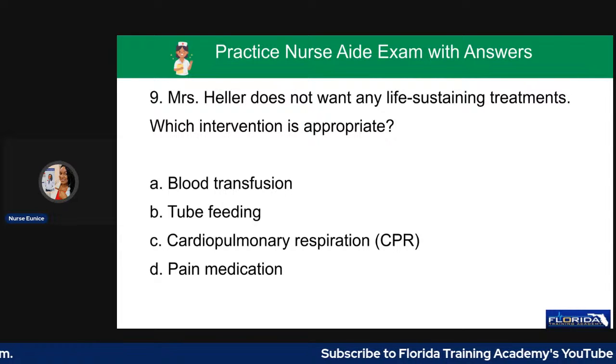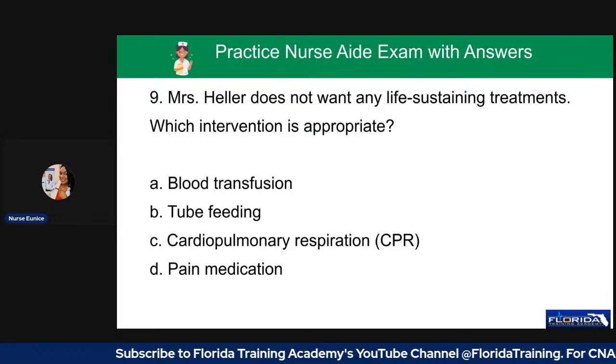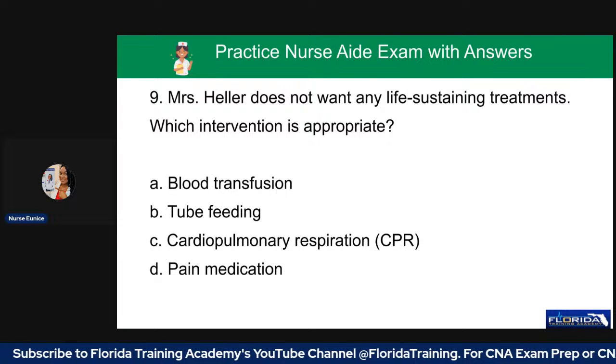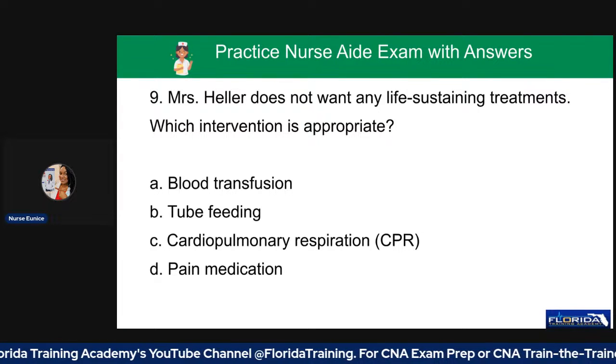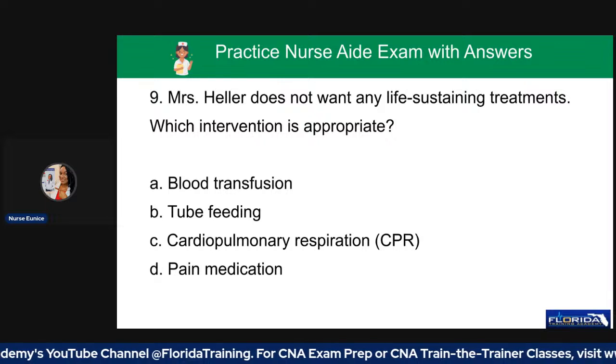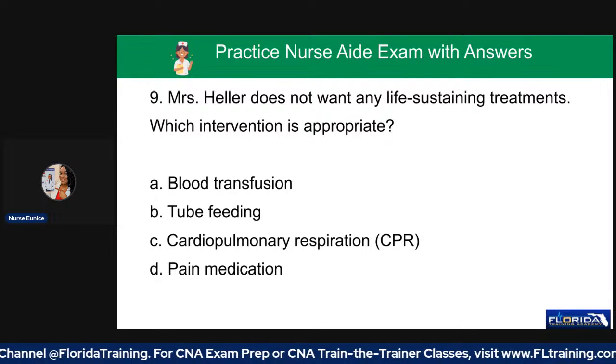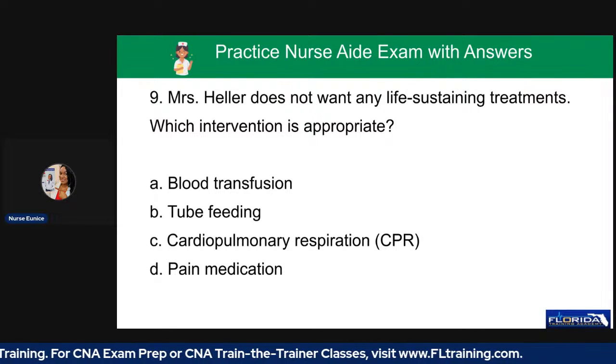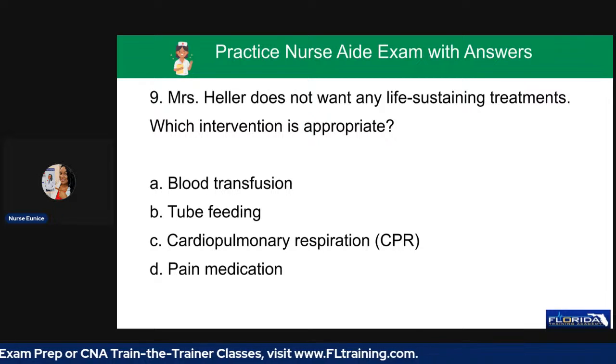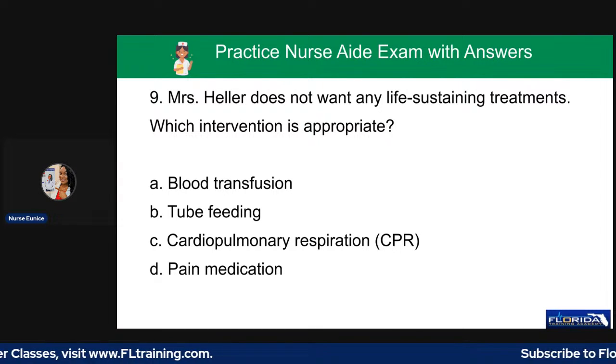Number 9, Mrs. Heller does not want any life-sustaining treatments. What intervention is appropriate? A, a blood transfusion, B, tube feeding, C, cardiopulmonary resuscitation or CPR, or D, pain medication. Which of these would be life sustaining?